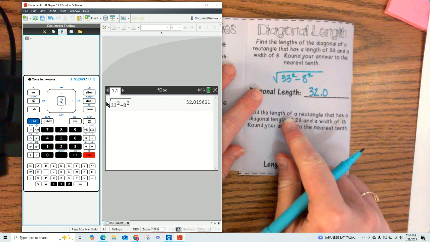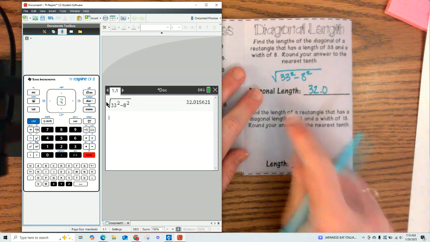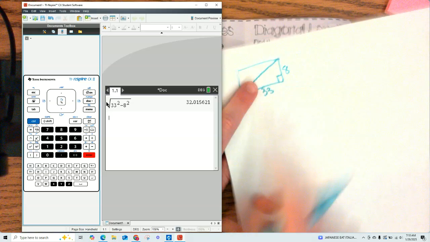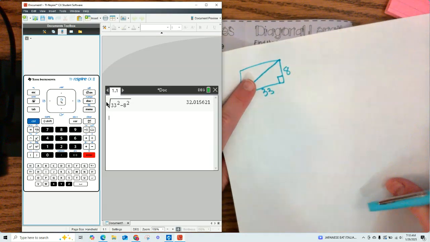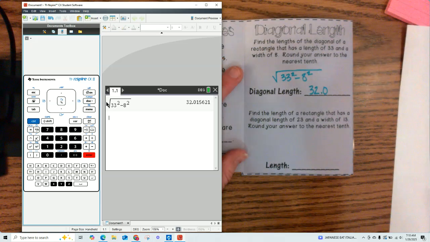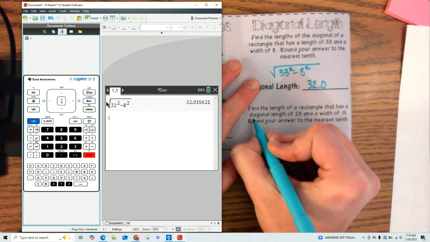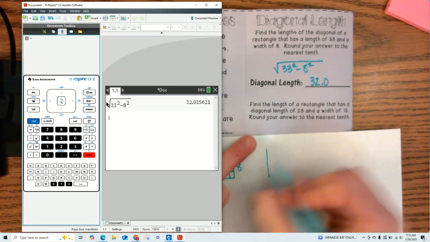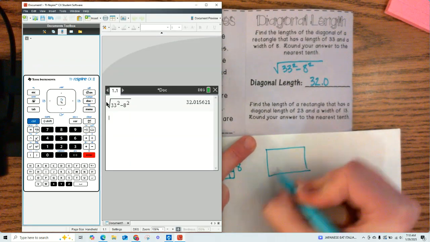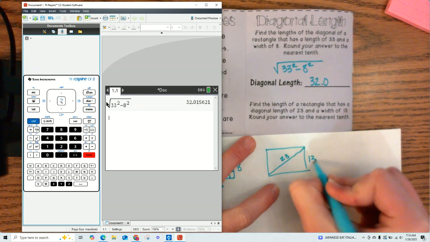Here we have another one that's exactly the same, length of 23, width of 13. So again, those are going to be the legs. If it gives you the diagonal length, we do something a little bit different. So this one does. This one has a diagonal length of 23. So again, if we have our rectangle here, the diagonal length is 23 and the width is 13.